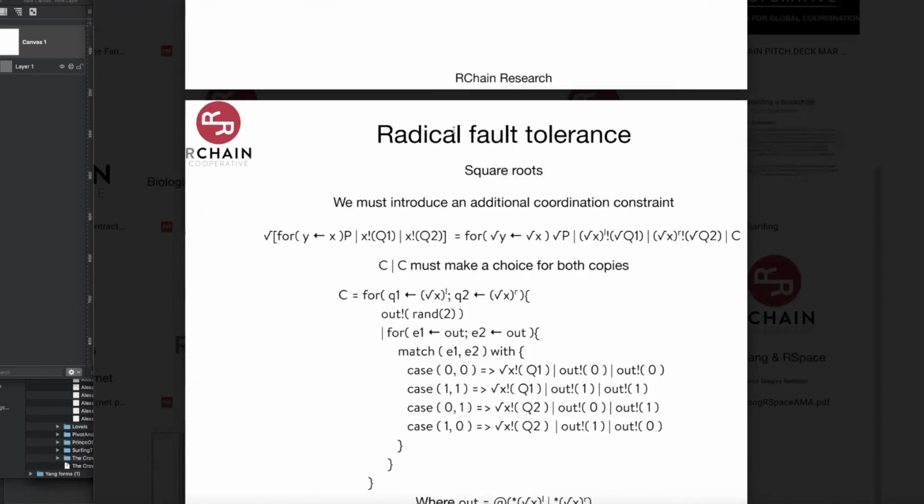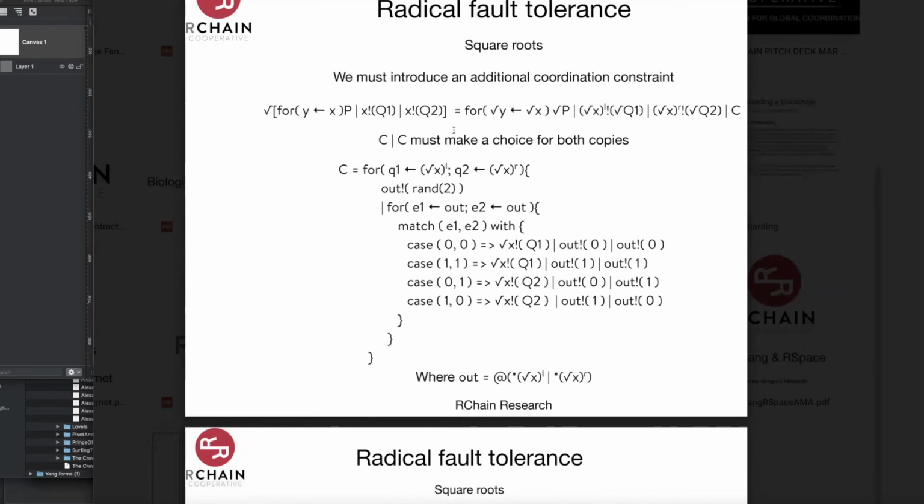Sure. If you can divide it up that way, you can say that C to C communication are the ones that are like this. But if the channel does not interact with C, it can be done locally.